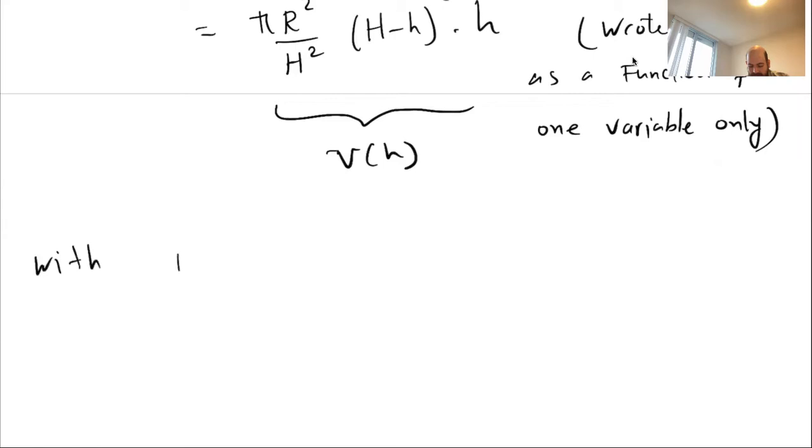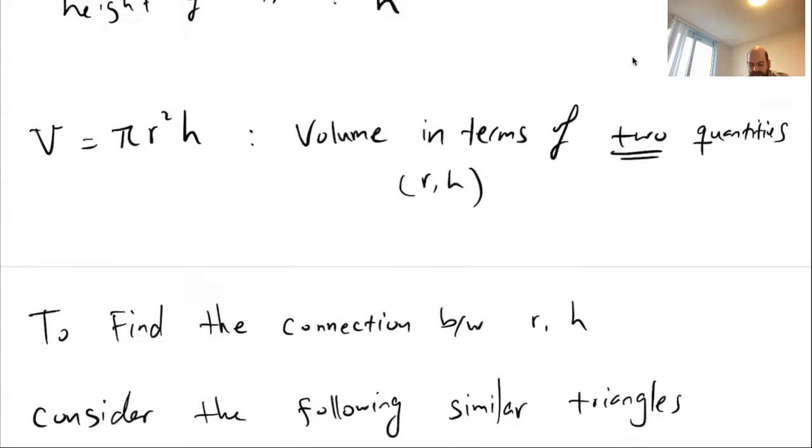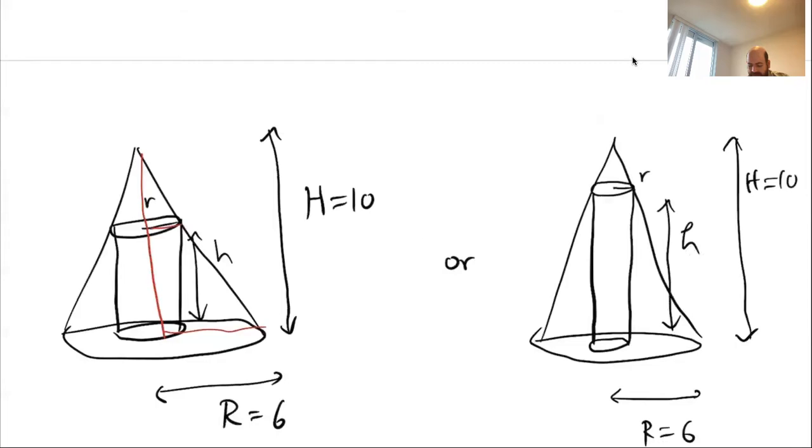Now small h, look at the height of the cylinder. Well, in the most extreme case, small h could be the same as capital H, if small r is very close to 0, right?